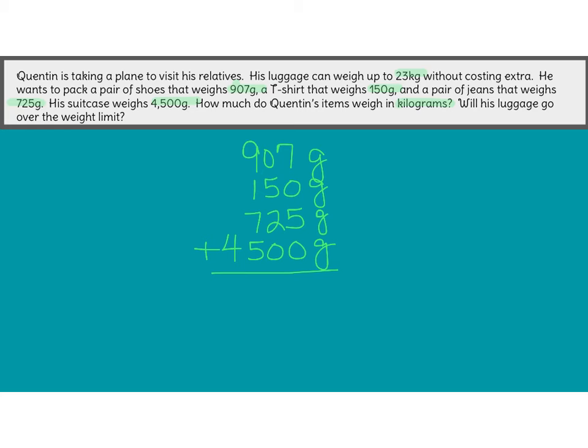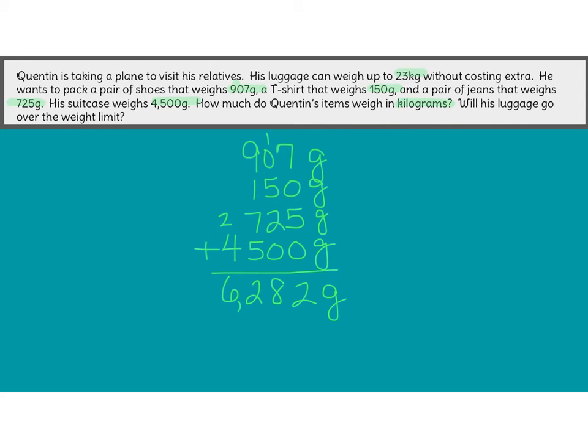And what we're going to do is add them together and then convert them to kilograms. Okay, so I've added those together, and now if we take a look, all of those items equal 6,282 grams. But again, the question is asking, how much do Quentin's items weigh in kilograms?